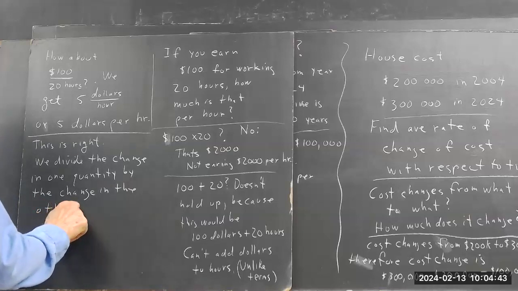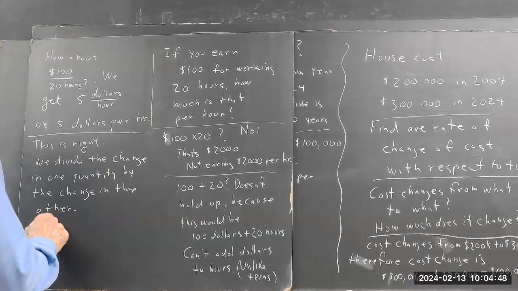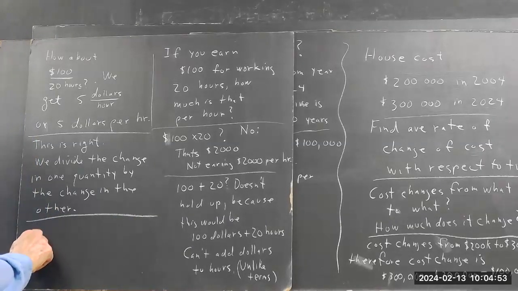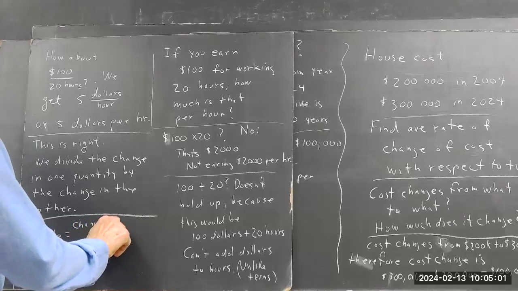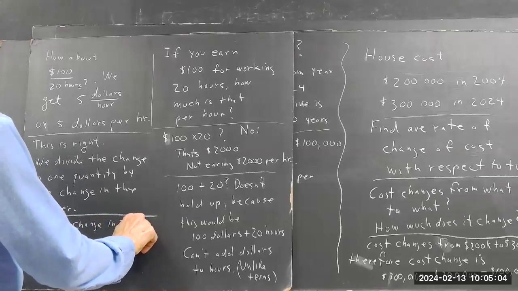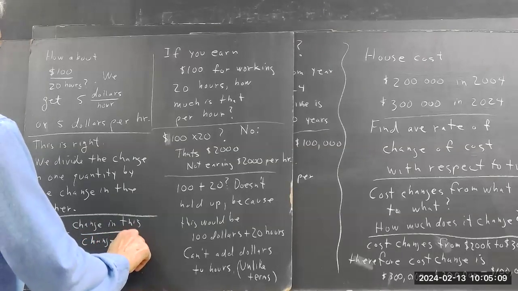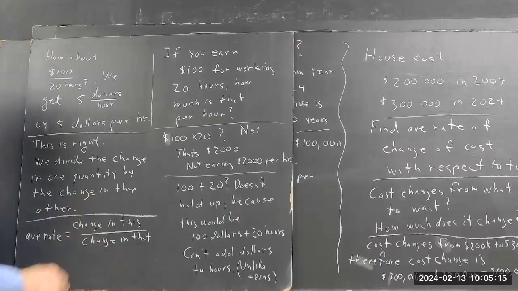We divide the change in one quantity by the change in the other. This is why we define average rate as changing this divided by changing that. We've got to sort out what this and that are.